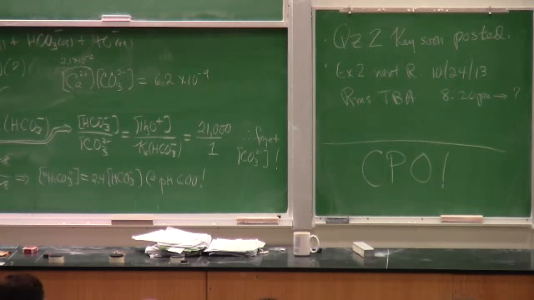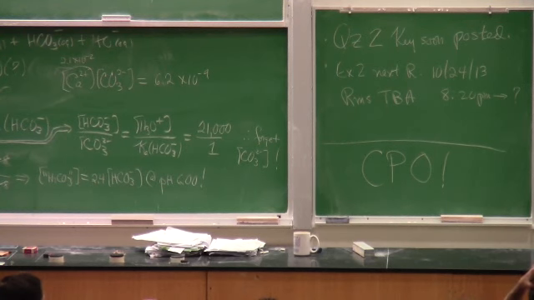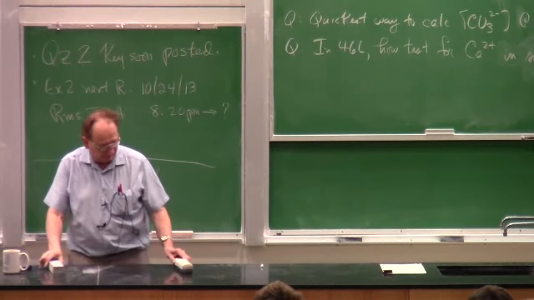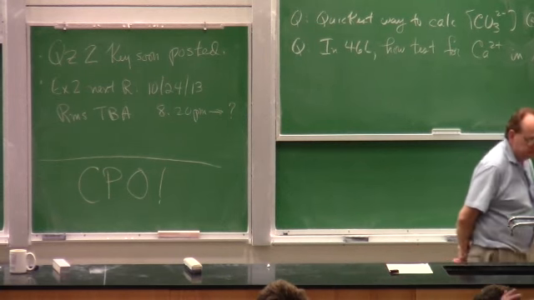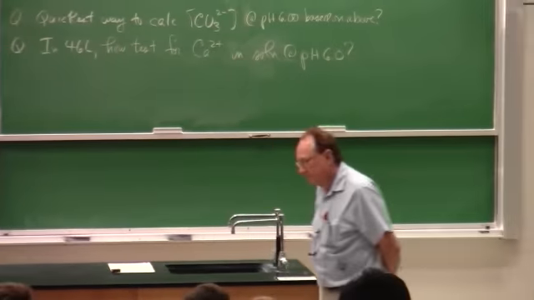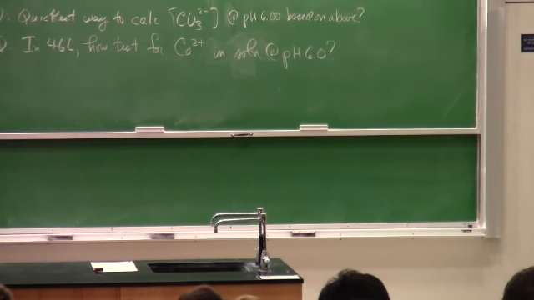Next question. You're in the laboratory, 46L. You want to find out if a solution's got calcium ion in it. The solution does contain sodium ion, so a flame test cannot be used successfully because the sodium ion flame predominates.